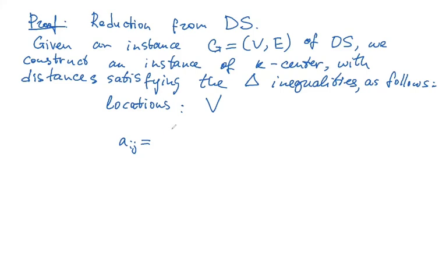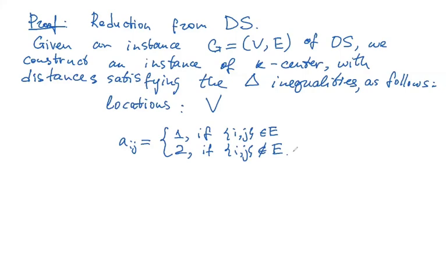If you have an edge, then you will say that they're close to each other, so the distance is going to be 1 if ij is in the set E. And if they're not directly connected by an edge in E, then we'll say that the distance is 2, 2 if ij is not in E. Okay.